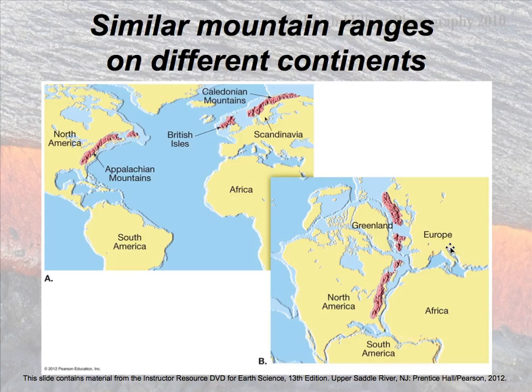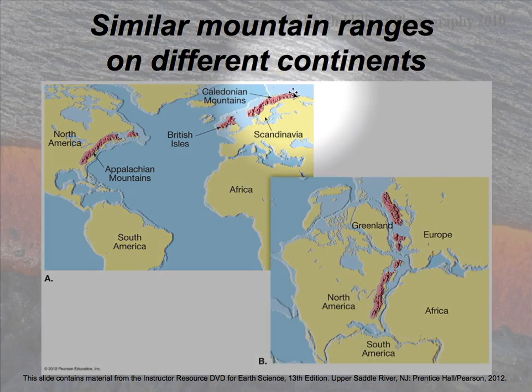Other evidence that Wegener cited for his theory of continental drift was that mountain ranges are geologically identical on both sides of large ocean basins. The best example of that is the Appalachian Mountains in the eastern mid-Atlantic and northeastern United States, up into the Canadian Maritimes.